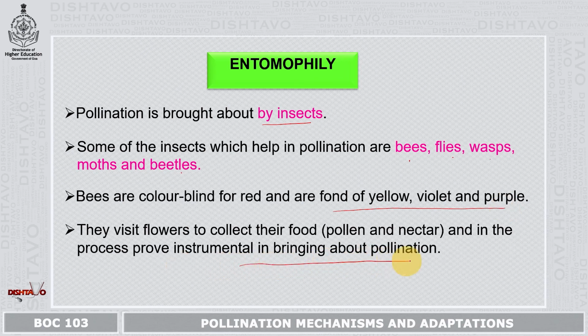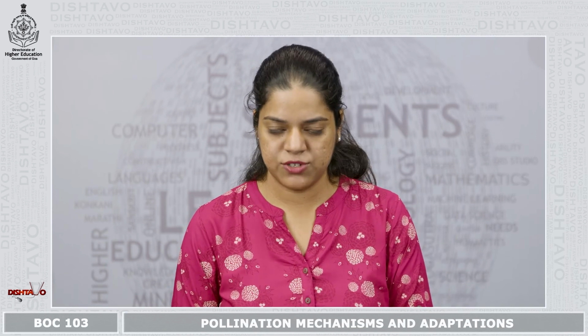So students, in this lecture we have learned about pollination mechanisms and adaptations. That is, we have first learned what is pollination, what are the different types of pollination, that is self-pollination and cross-pollination, and then under cross-pollination there are two more types, that is geitonogamy and xenogamy.